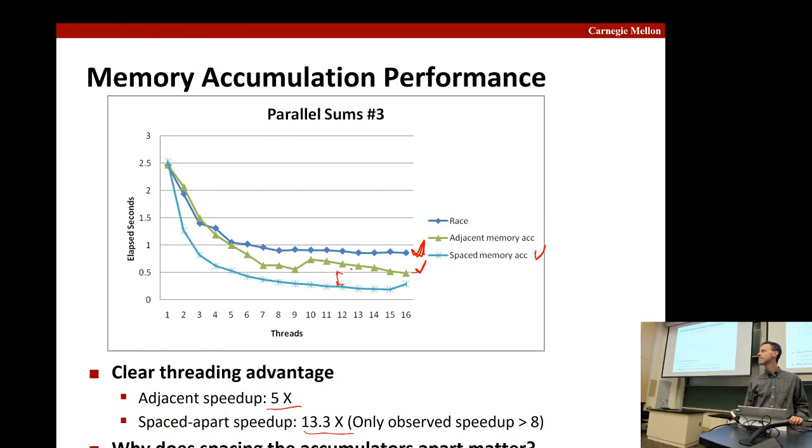Because whenever they're close together, they can all get cached by each thread's cache, and then do they slow it down? So they get put into multiple caches, basically. I mean, you're on the right track. I'm not saying the right word yet. So they get put into cache, and then each cache has to compete for which one is maintaining the most recently updated version of the whole memory block.